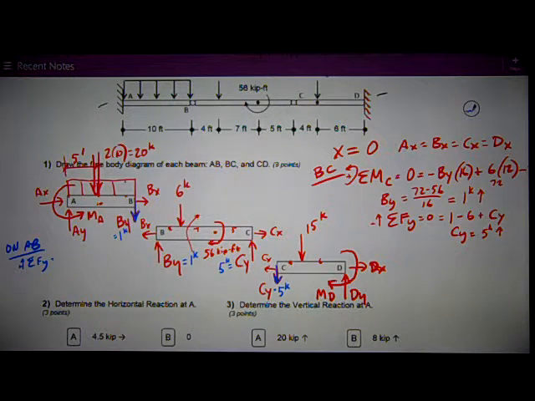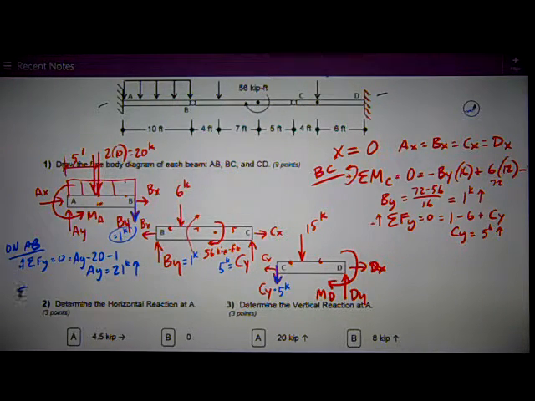I've got positive is up for this calculation. I've got AY, I've got minus 20, and I got this reaction from BY, minus 1. Therefore, AY equals positive 21 kips up.